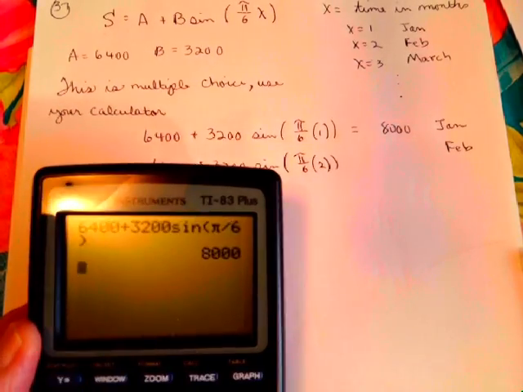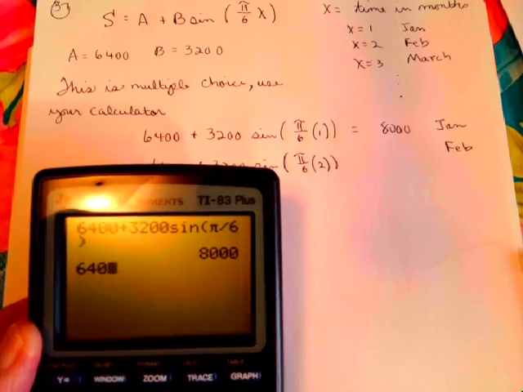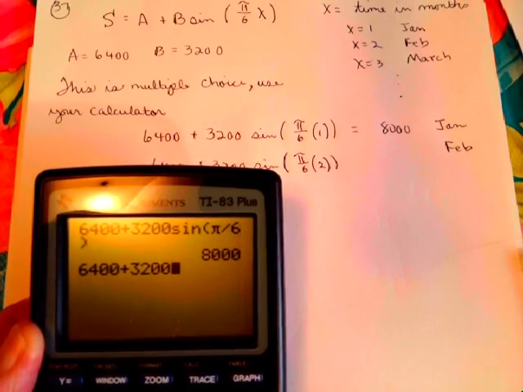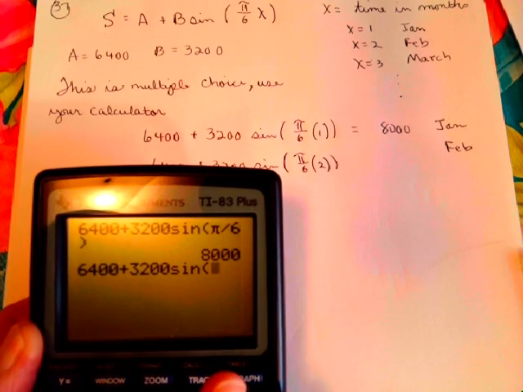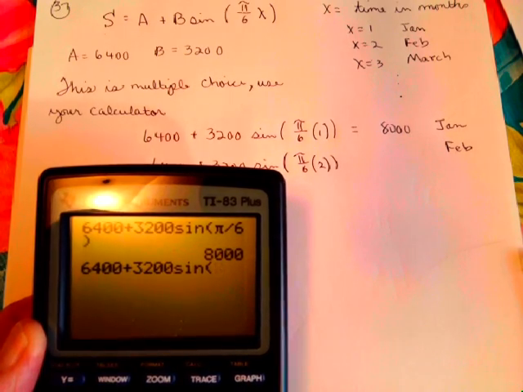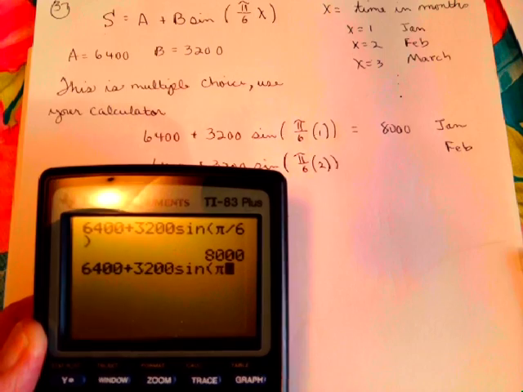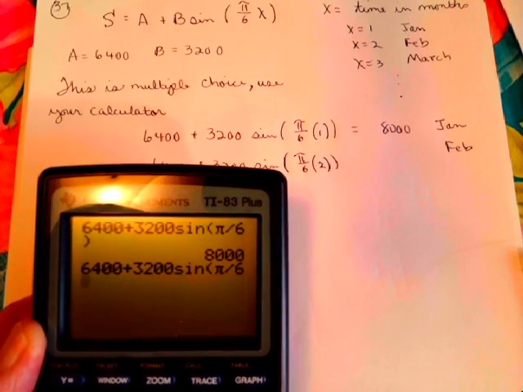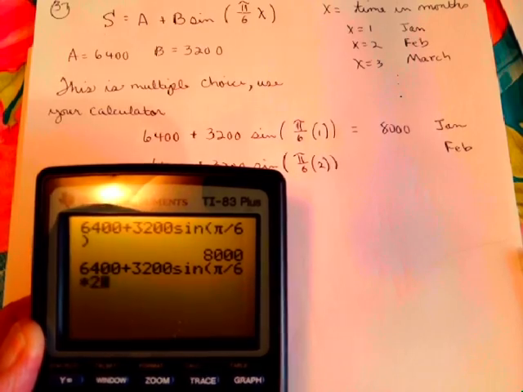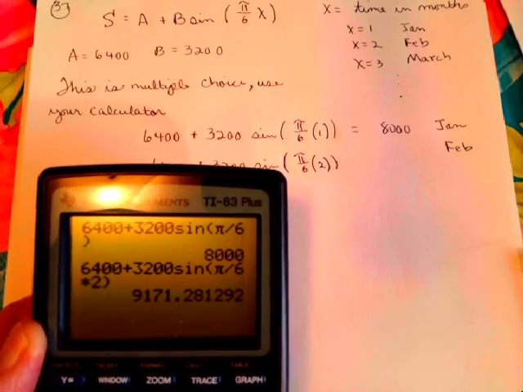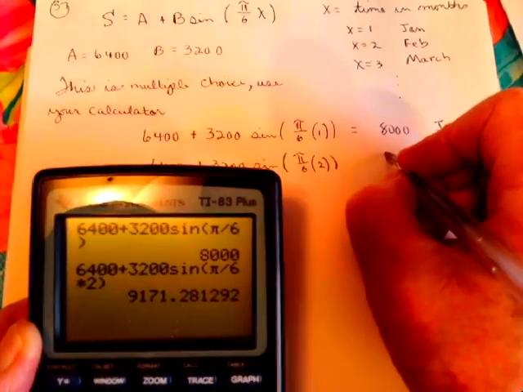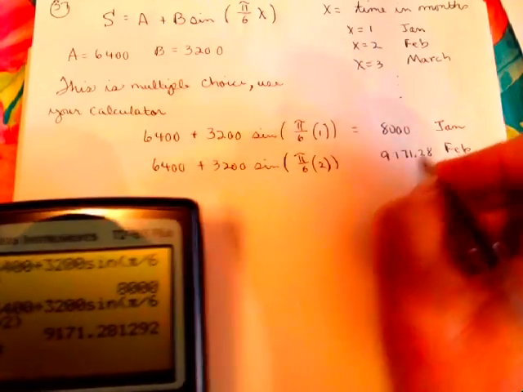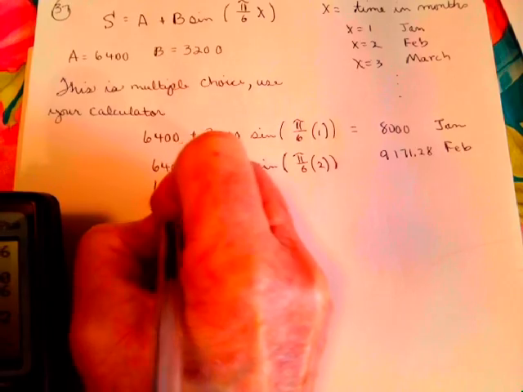Let's see what that number gives us. That gives us $9,171.28. Let's check out March.